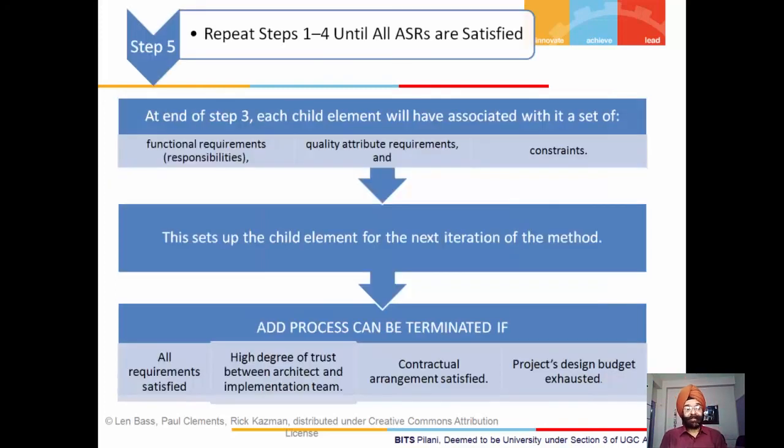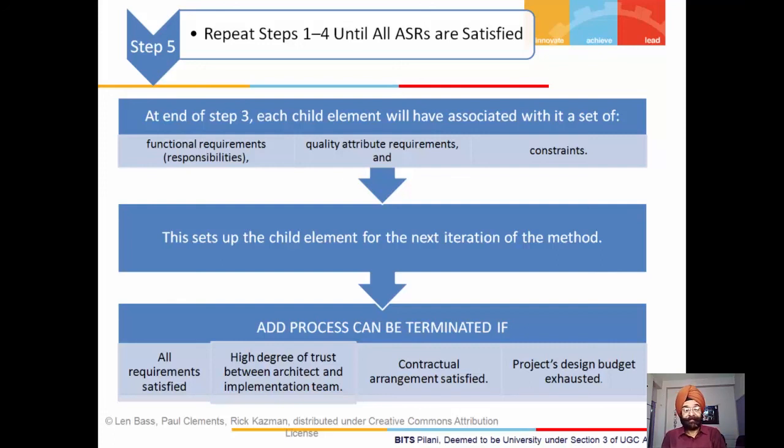Now, at the end of it, the fifth step is repeat steps 1 to 4. At the end of 3 steps, each child element will have associated with it functional responsibilities, quality attributes, constraints. Now, in this process, we keep finding out whether we have completed the complete set of ASRs or not. If not, we are going back.